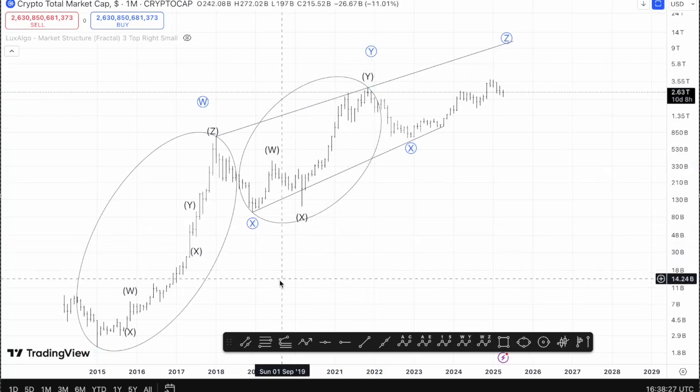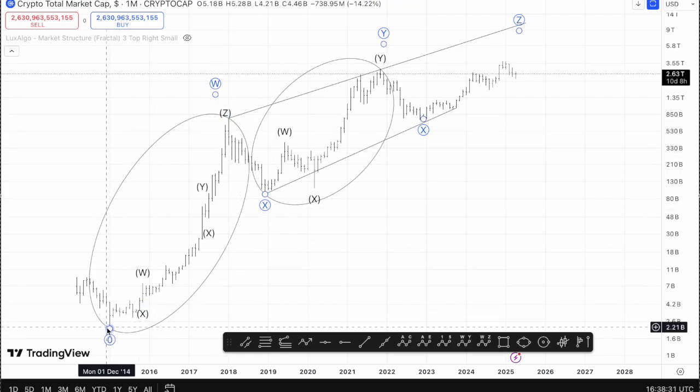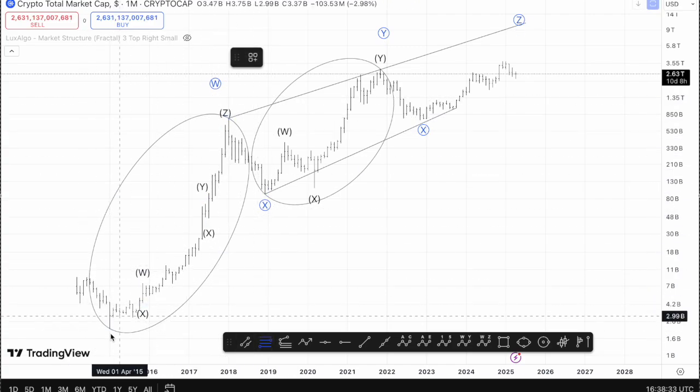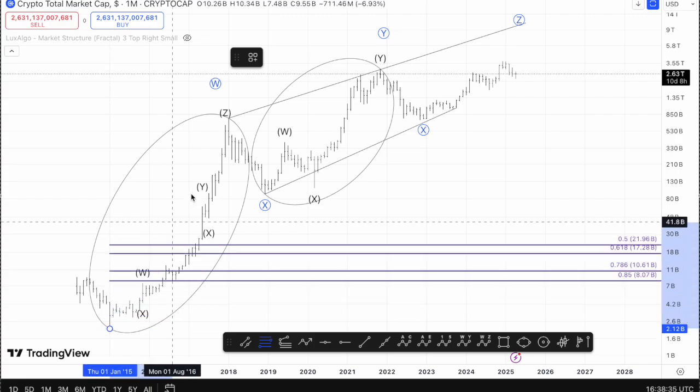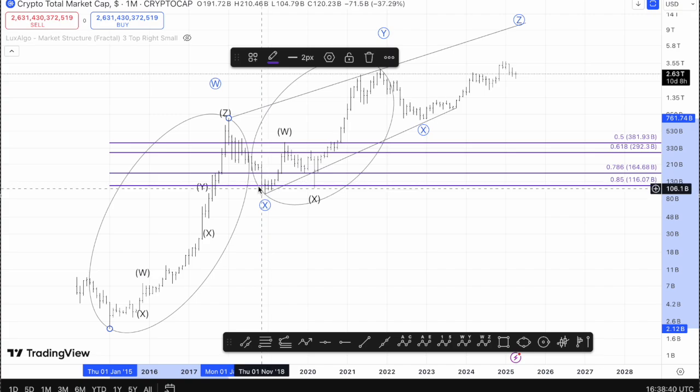Now, in terms of the amount of correction in regard to this first leg up, we can use a retracement Fib level, and as you can see, around 85% has been corrected when you use the linear scale.